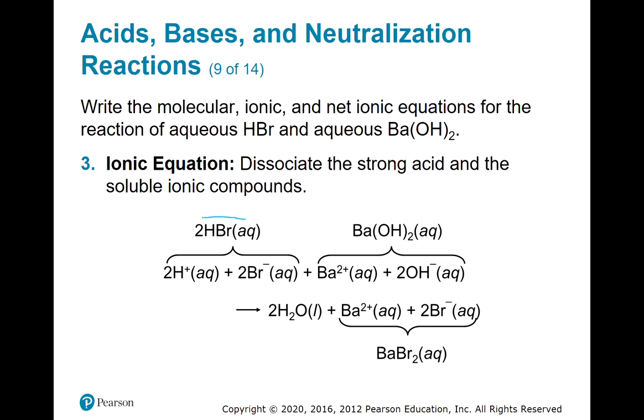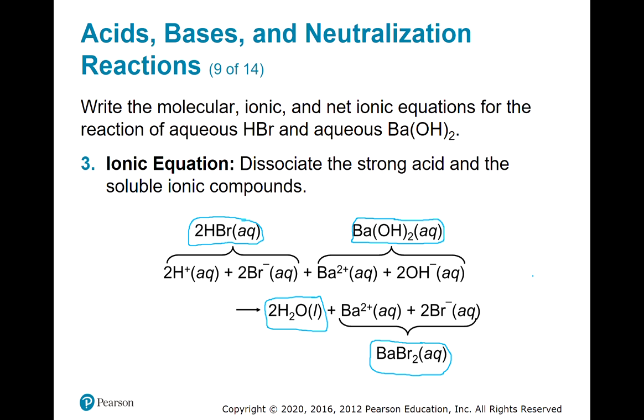Now, HBr, again, is a strong acid, and barium hydroxide is a strong base, so those are both strong electrolytes. And we determined that barium bromide was a soluble ionic compound. All salts are ionic, and so that's a strong electrolyte as well. And of course, water, H2O, is a covalent compound, so that is not going to dissociate at all.